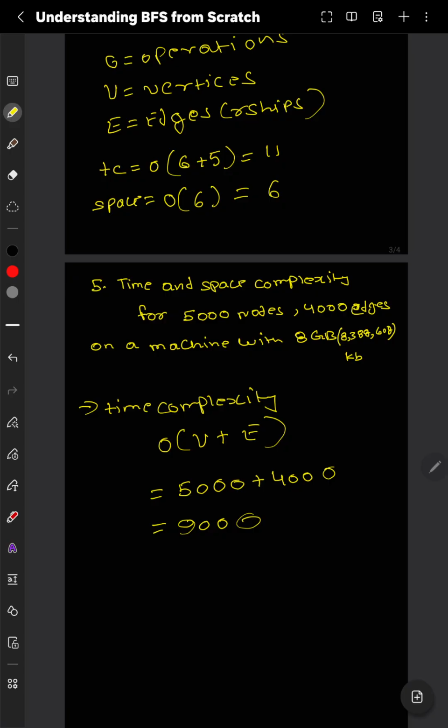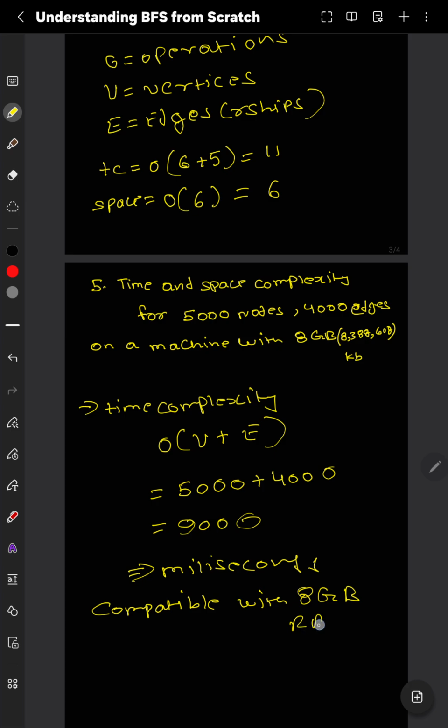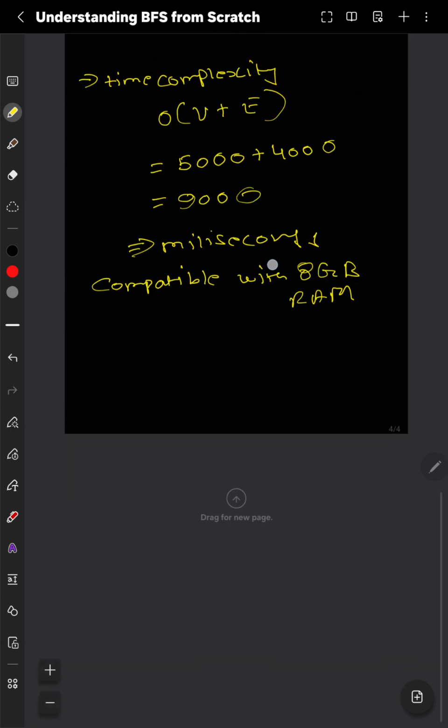Now if a modern CPU has to do 9000 operations in one go, it should not take much time, it should be over in milliseconds only. So this is compatible with 8 GB RAM. And let's calculate the space complexity.